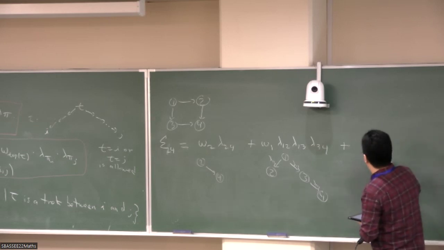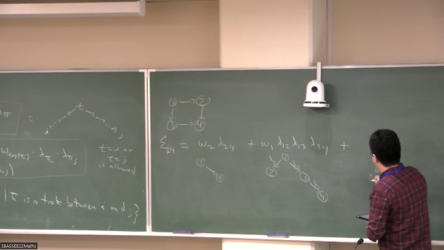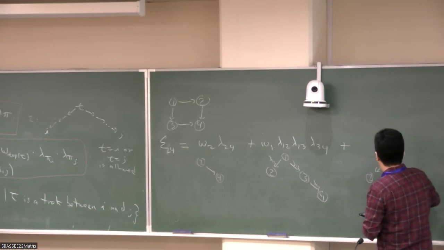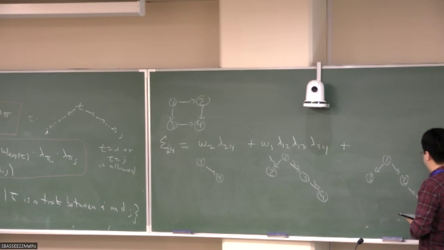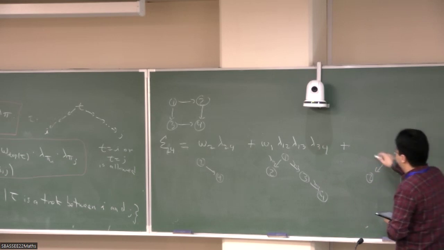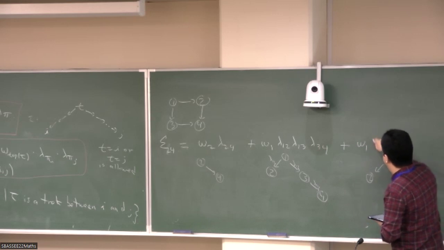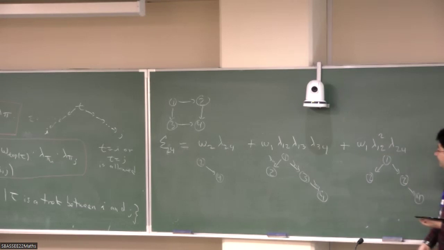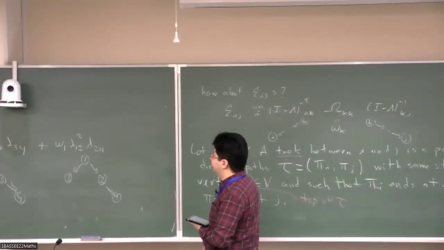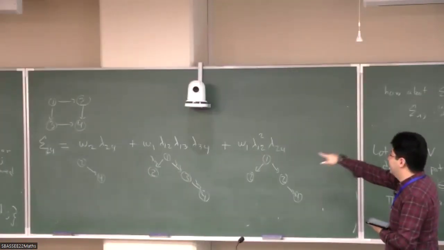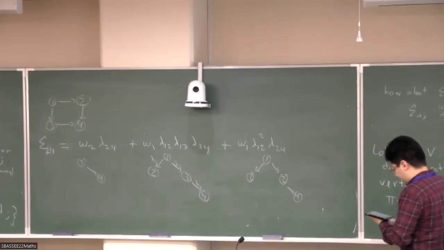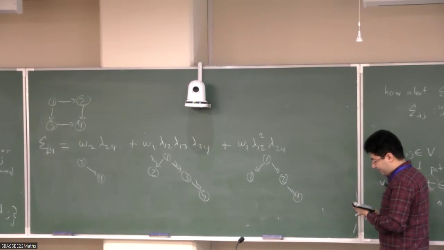Yes, exactly. It's the one that has the 1 here, and then instead of going 1, 3, 4, I go 1, 2, 4. So the corresponding term is omega 1, lambda 1 2 squared, and lambda 2 4. If you compute sigma for this graph, this will be the entry 2, 4.